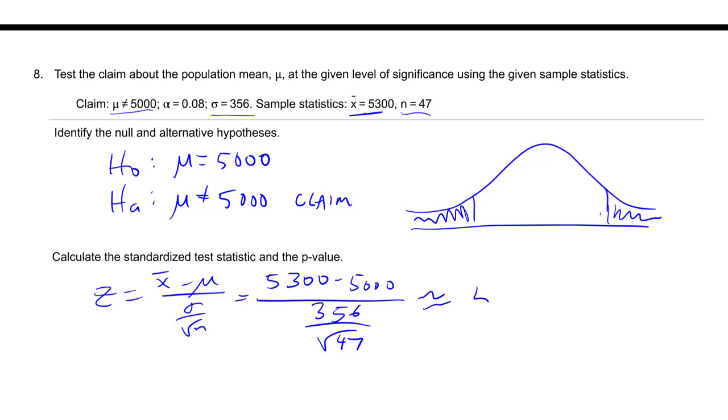This is approximately 5.78, and that's negative 5.78. All right, so I'm going to have to go and get one of these areas. I'll take this one.